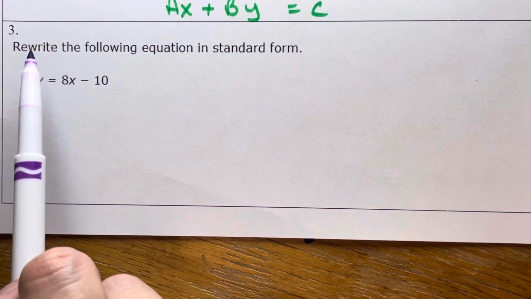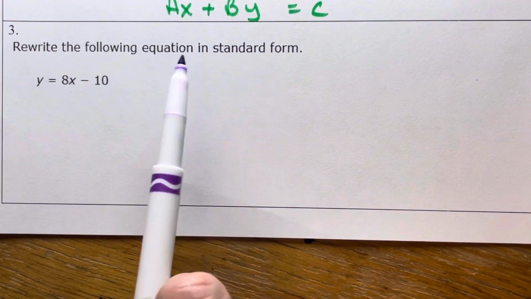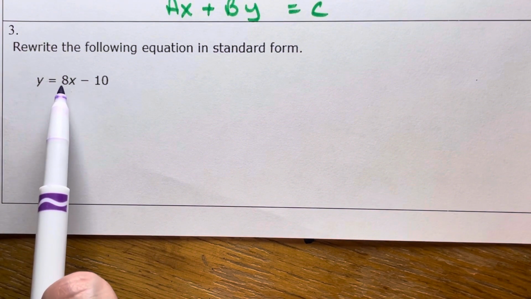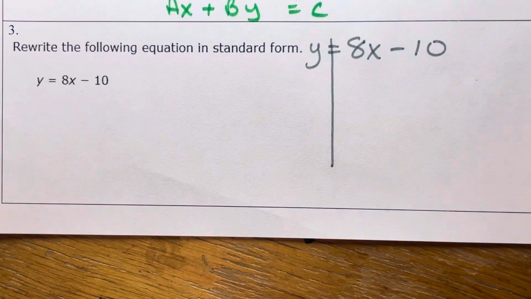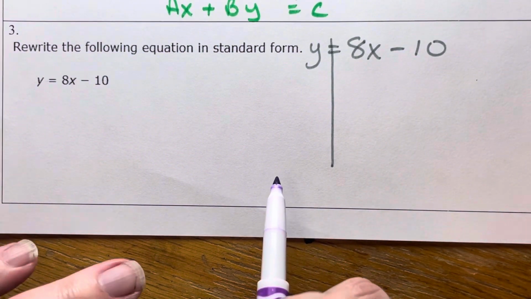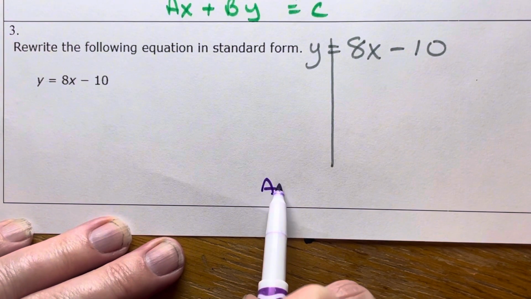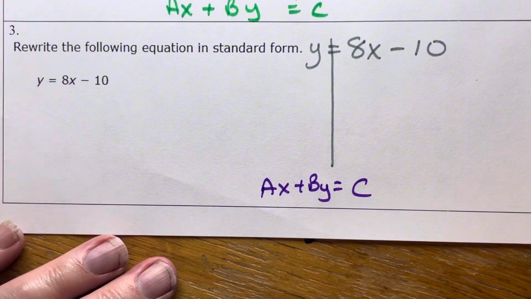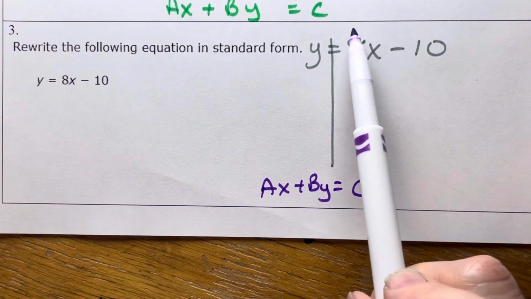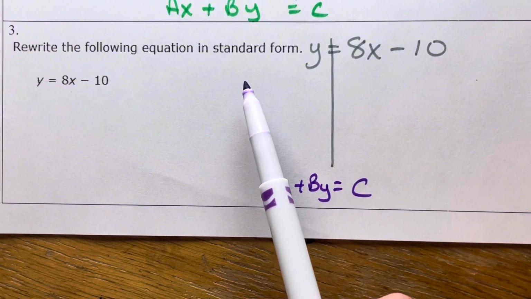Example 3. Rewrite the following equation in standard form where y equals 8x minus 10. Now that we've got lots of space, let's begin rewriting this equation to standard form of ax plus by equaling c. All right, so we need to move the 8x across the river.